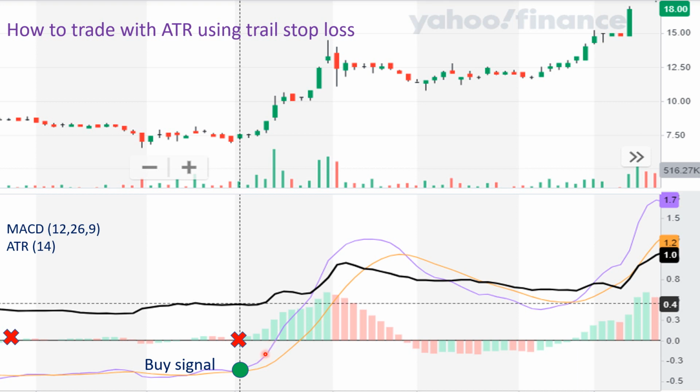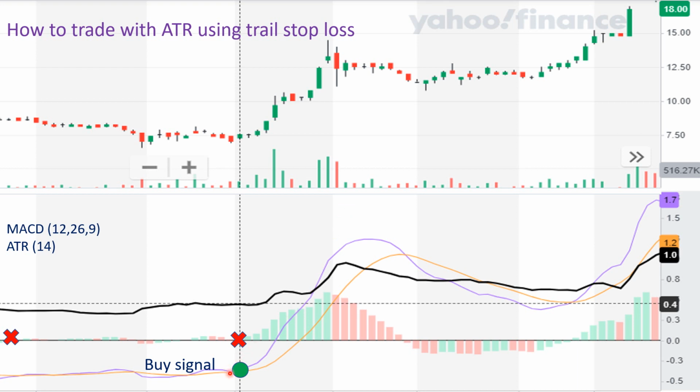Now the trend is going all the way here until this candle where the price hits the stop loss, and you are going to exit the trade and turn the shares into a market sell, and the shares are going to be sold at approximately between $13 and $13.20.